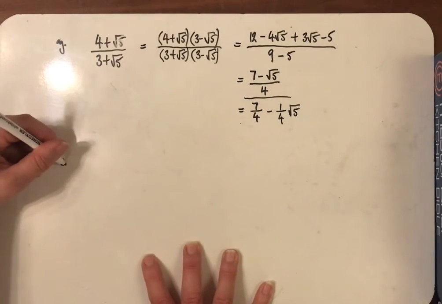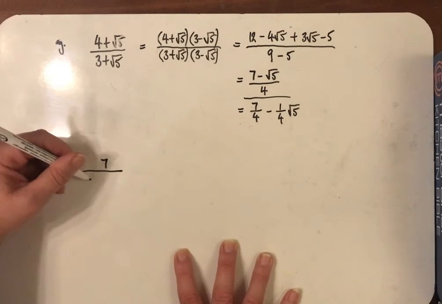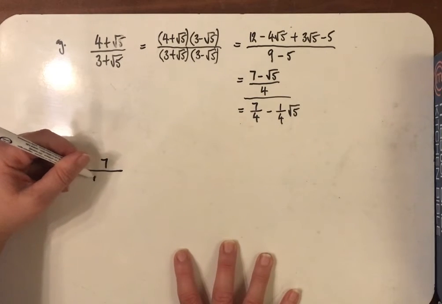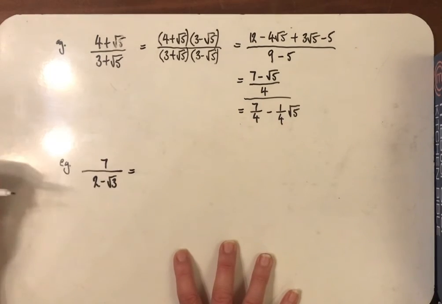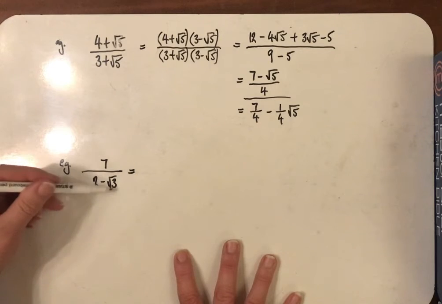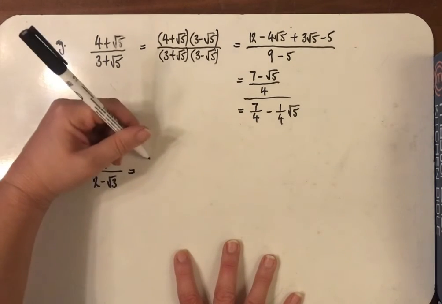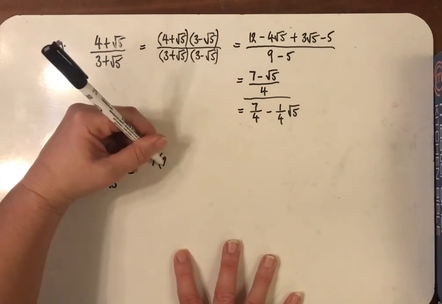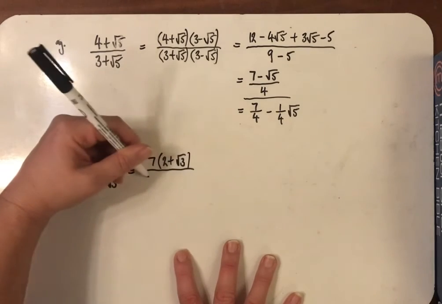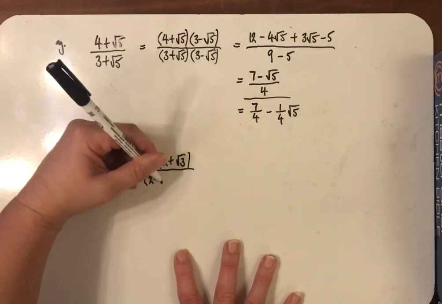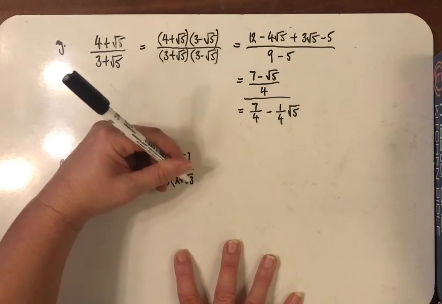So I'll just do one more. Say you've got 7 over 2 minus root 3, and I want to rationalise the denominator. Then I need to create difference of 2 squares underneath. So I'm going to times top and bottom by 2 plus root 3. Like so.